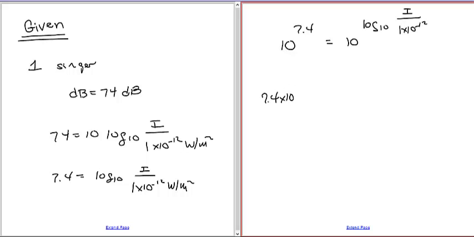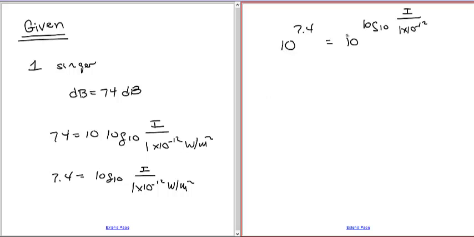Anyway, it has nothing to do with that. So you have to actually put that into your calculator. If you have a TI calculator, which I think everybody does, you'd have 10 raised to the 7.4 power.